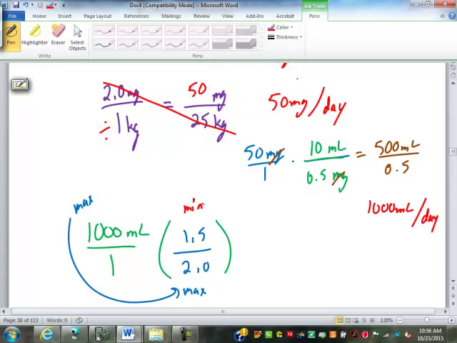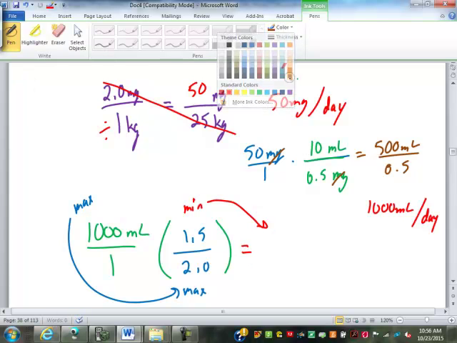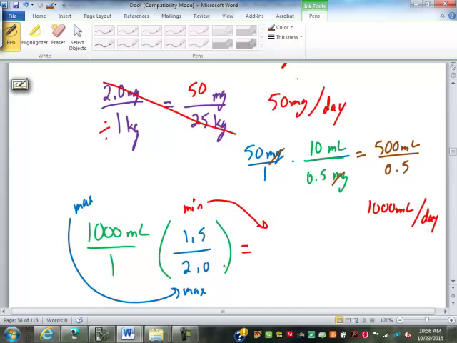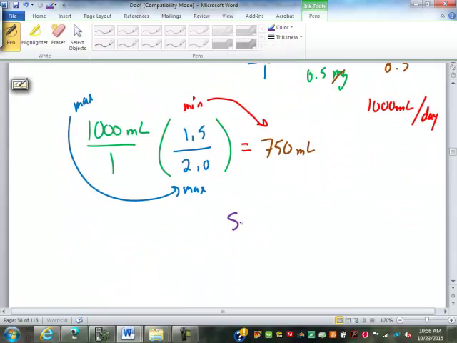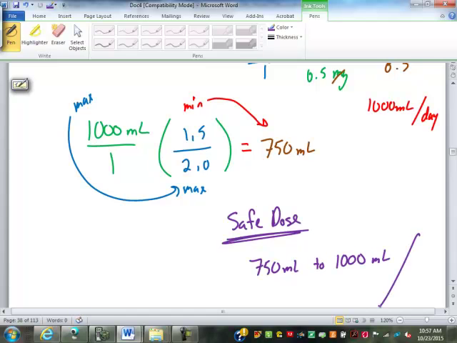Since that is the minimum, it's going to give us the minimum result here. So 1,000 times 1.5 divided by 2.0 is 750 milliliters. So the safe dose for this medication, for this patient, is 750 milliliters to 1,000 milliliters per day.